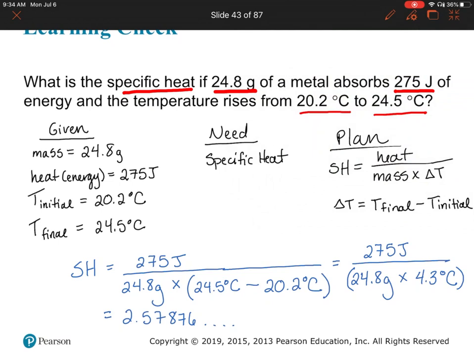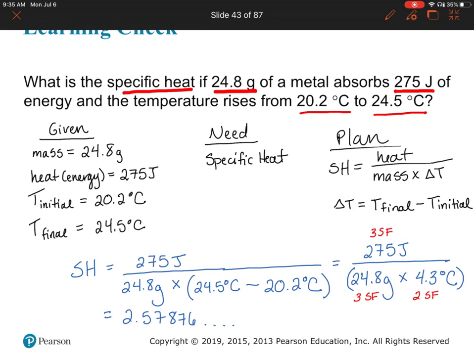So how many sig figs does 275 have? 3. How many sig figs does 24.8 have? 3. And how many sig figs does 4.3 have? 2.